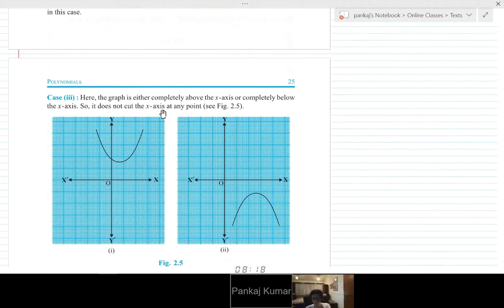As discussed already, how many zeros can a quadratic have at max? At most, two zeros. Is it okay?